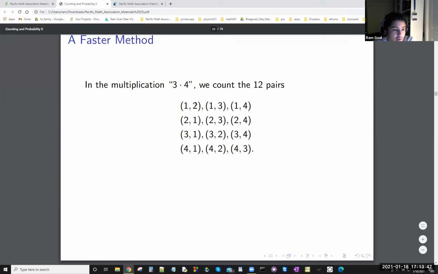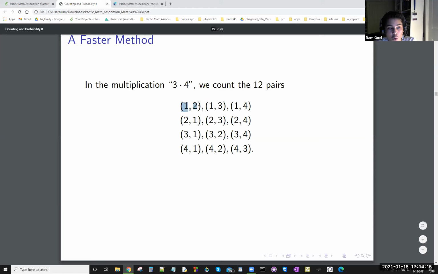Then there's 3 possibilities: 1, 2, 1, 3, or 1, 4. If it's 2, then it could be 2, 1, 2, 3, or 2, 4. Now already you can see a problem, which is that for each of the starting positions, 1, 2, 3, or 4, there's 4 starting positions, there's 3 different cases after that. So we did 4 times 3.